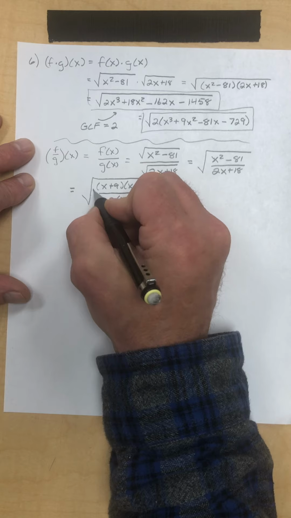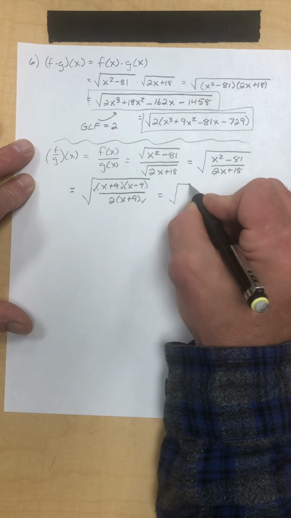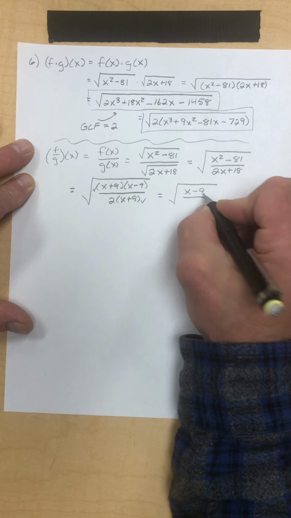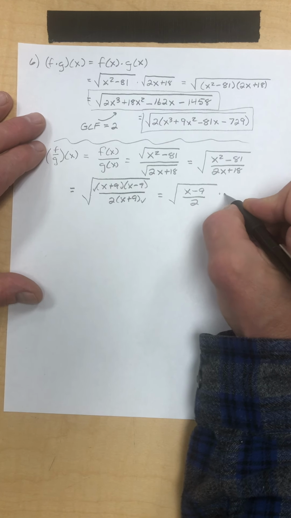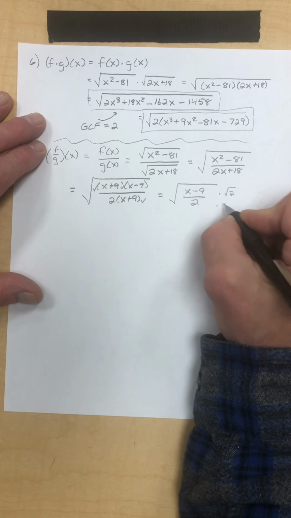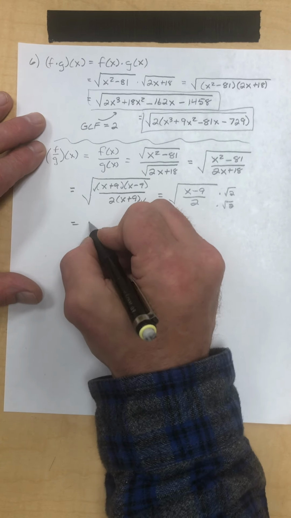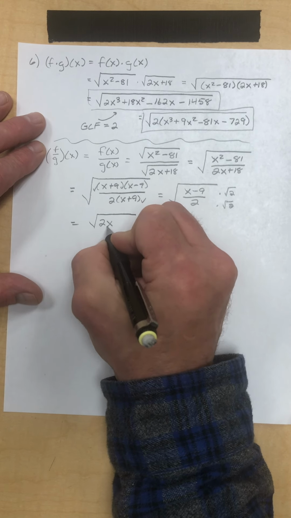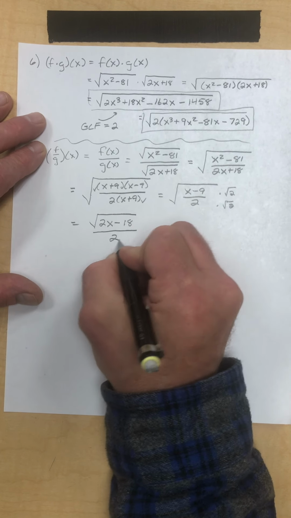So obviously the x plus 9s cancel off. So we get the square root of x minus 9 all over 2. And then, of course, we'd have to rationalize by multiplying above and below by the square root of 2. Okay, so I would get the square root of 2x minus 18 all over 2.